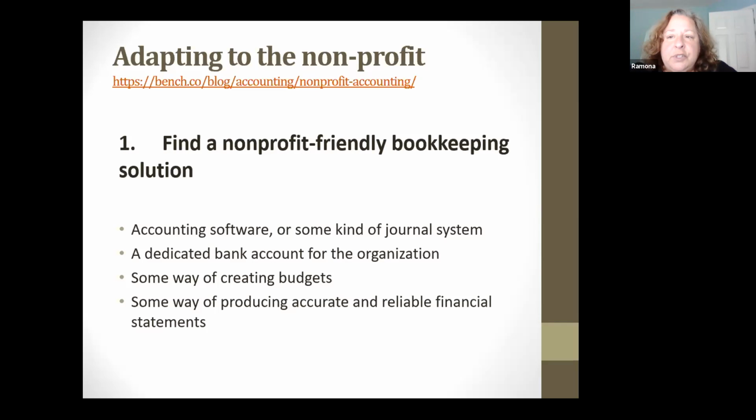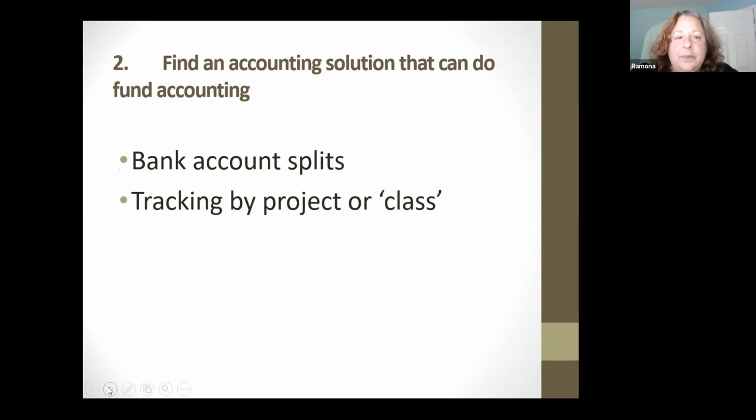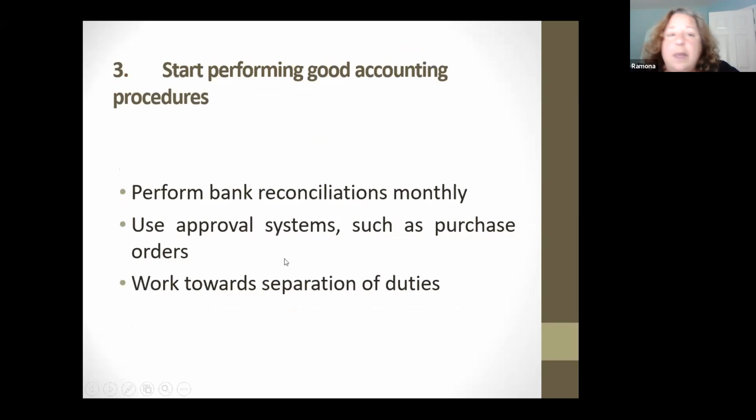So be aware that a good solution for financials is your own bank account. And then, as we'll talk further, creating budgets is a way to produce accurate financials. So some sort of accounting software program is, I think, a good choice.